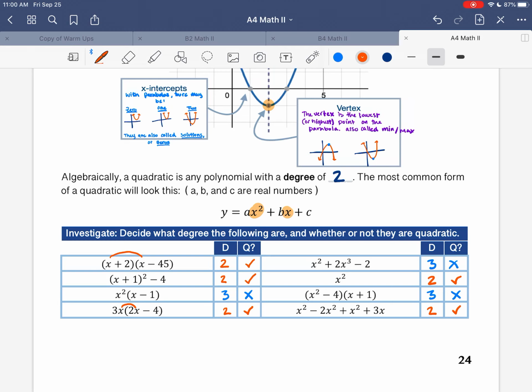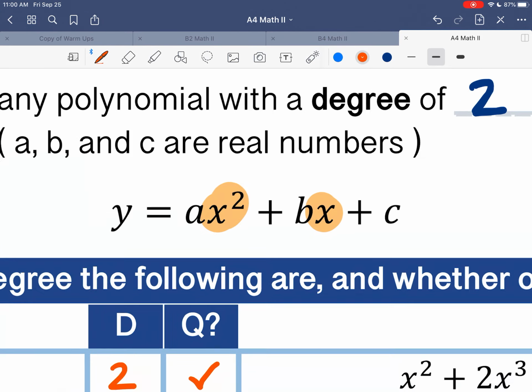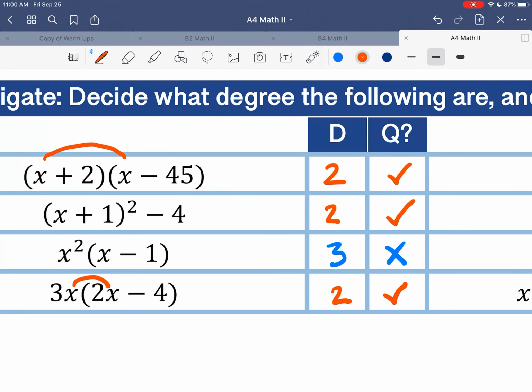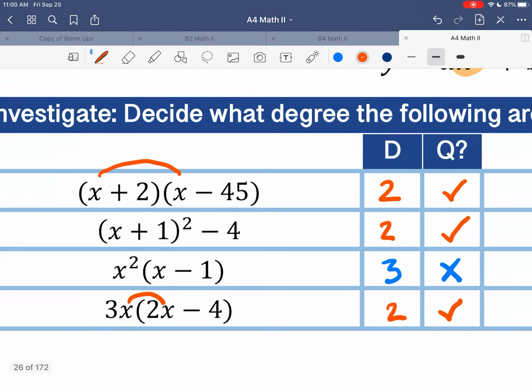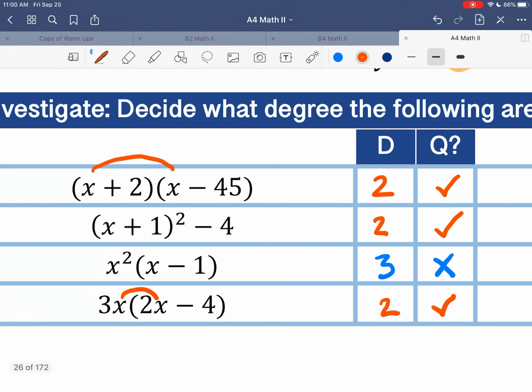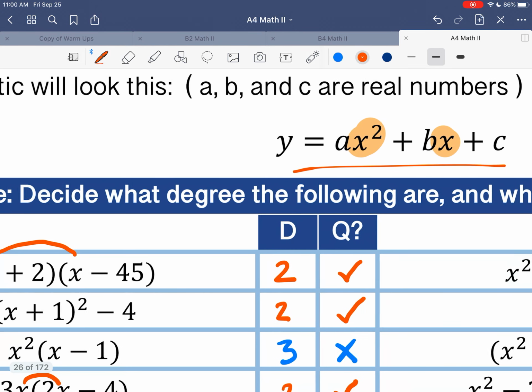So that's what we're looking at here. Quadratics always have a power or a degree of 2, meaning that the highest power that they have is 2. And so often they will look like this, and we'll explore more different forms next time. But like you see down here, they can look all sorts of different ways before we do some distribution and some math to get them to look like this.